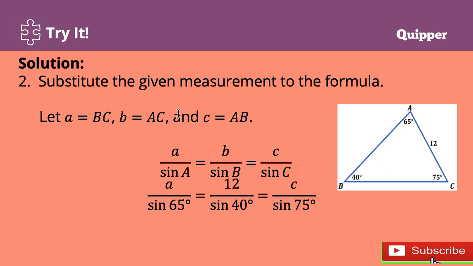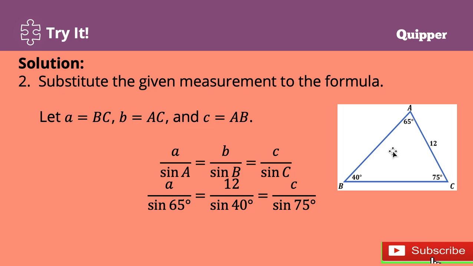Next is we are going to substitute the given measurement to the formula. So from the formula, we have here a over sine A, or the measurement for angle A is 65 degrees.